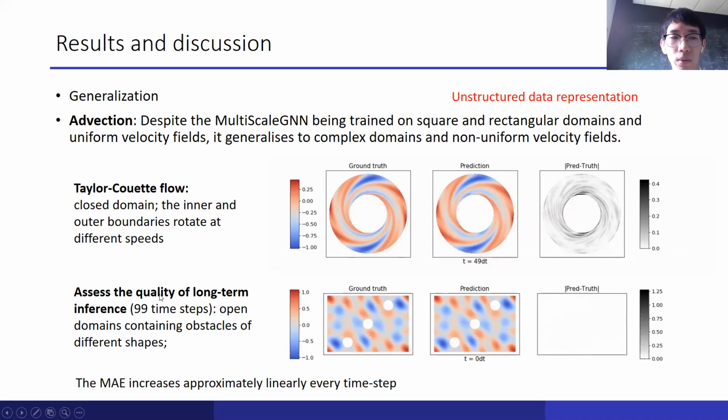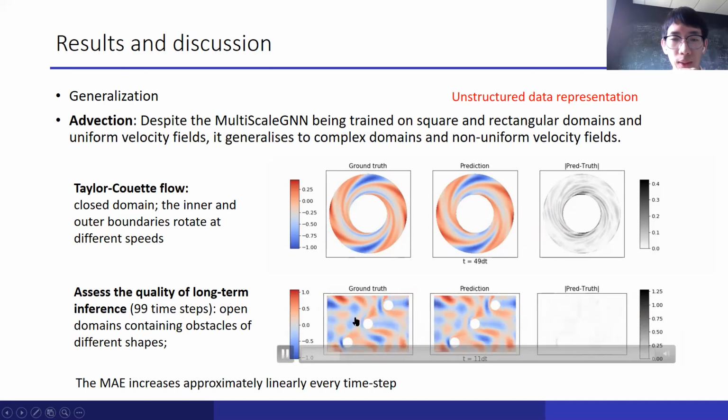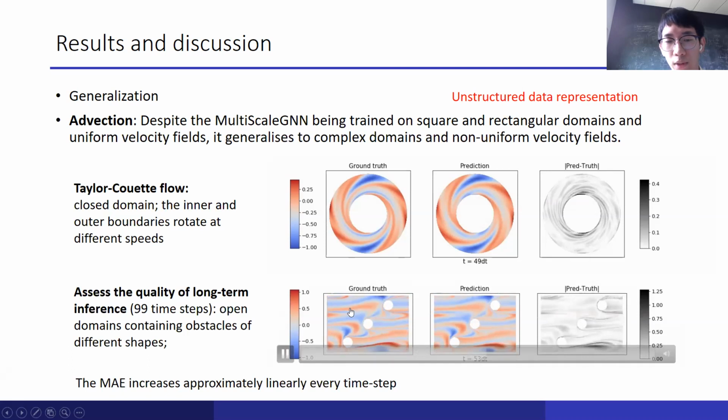They also try to assess the quality of long-term predictions, where they use the model to predict 99 time steps of the simulation. In this case, there are 3 cylinders inside the domain. We can see the evolution of the flow, and they found the MAE increased approximately linearly along time.